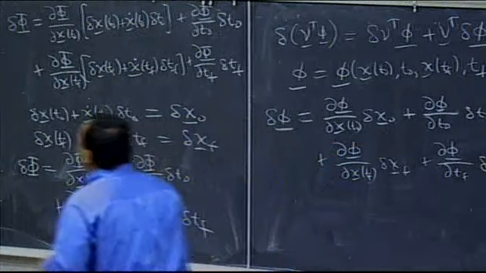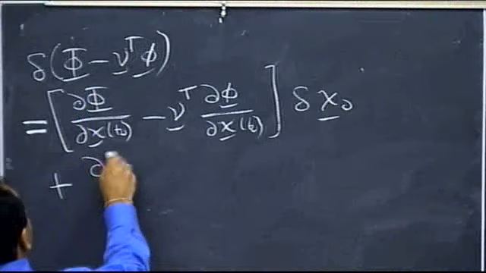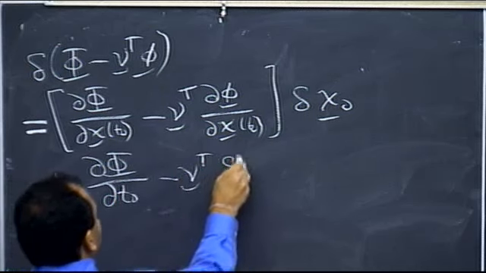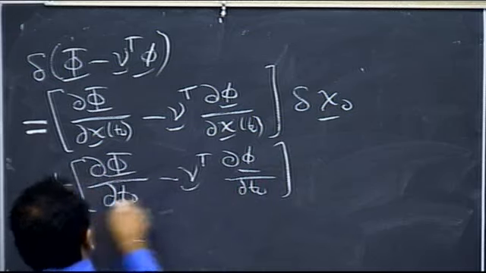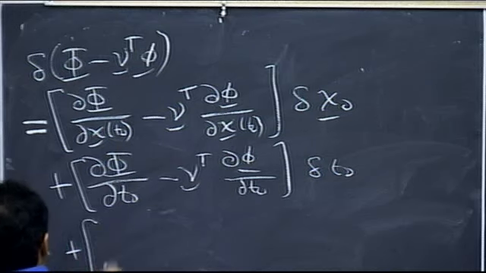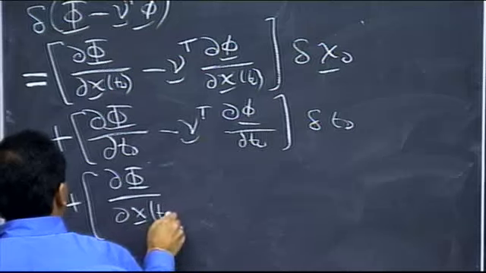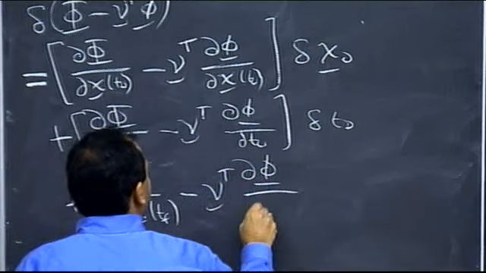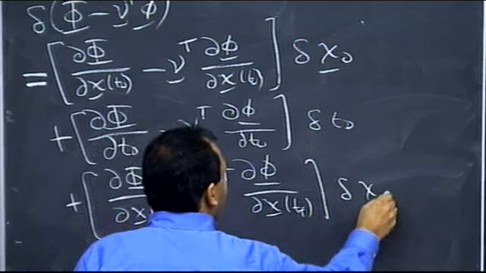Okay. And then I've got plus the partial of phi with respect to t0 minus nu transpose the partial of little phi with respect to t0 times the variation in t0. And then I've got plus the partial of phi with respect to x at tf minus nu transpose times the partial of little phi with respect to x at tf times the variation in xf.